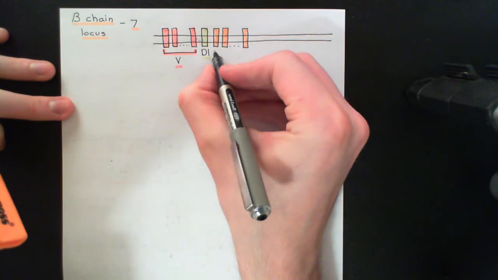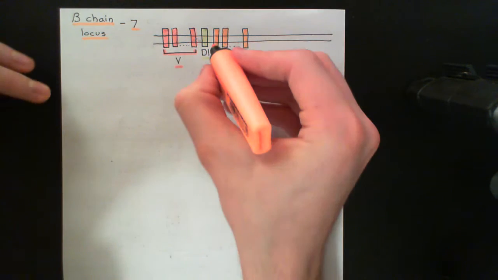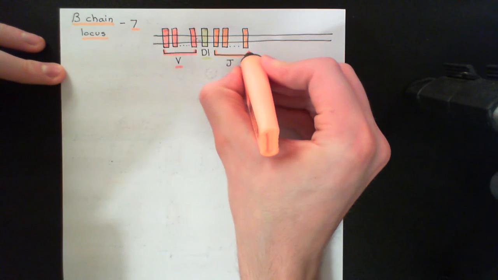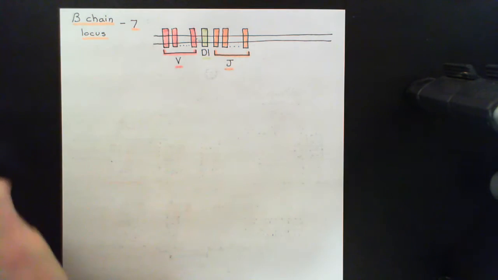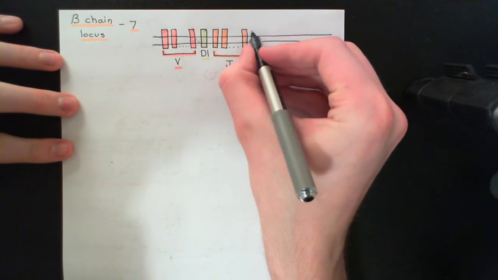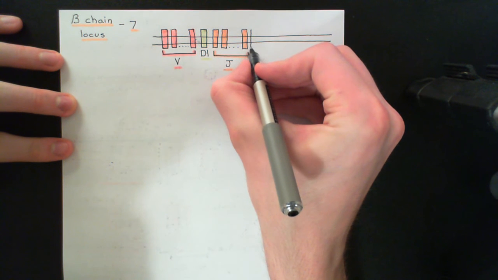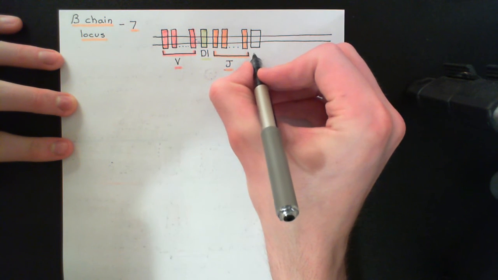So we have a selection of joining gene segments to select from as our choice of joining gene segment. Then, of course, you'll have a constant region. Here comes the constant gene segment, which will code for the constant region of our beta chain.